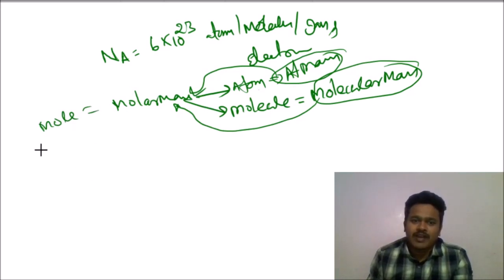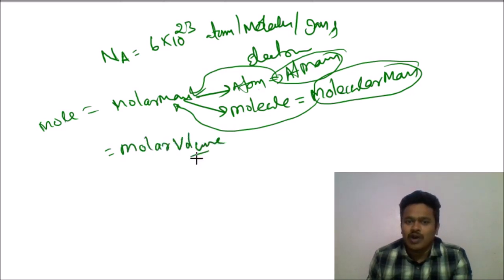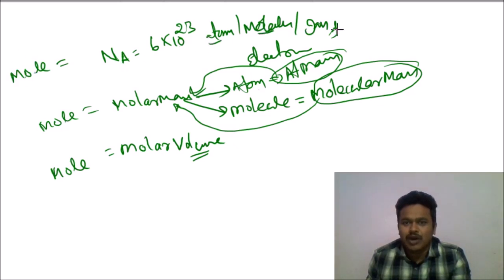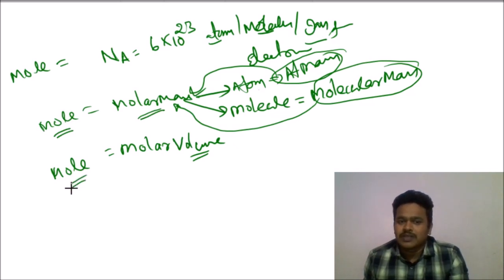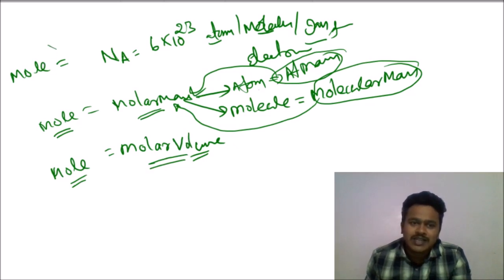Finally, molar volume: the volume occupied by 1 mole of a substance. 1 mole of a substance contains Avogadro number of atoms, molecules, ions, electrons. The mass of 1 mole is called molar mass. The volume occupied by 1 mole of a substance in the gas state is called molar volume. These 3 points you should get an idea about in this video.